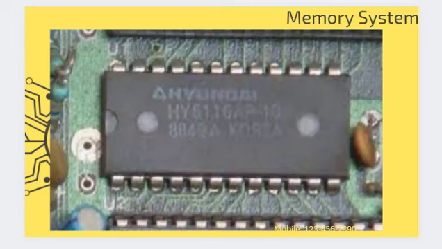However, data is lost when the power goes down due to its volatile nature. Now, SRAM chips, as what you can see here, use a matrix of 6 transistors and no capacitors.